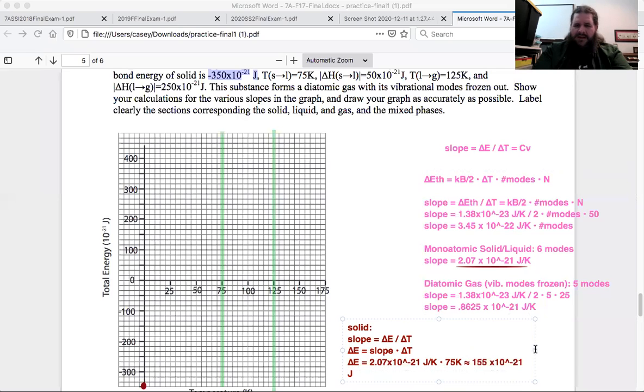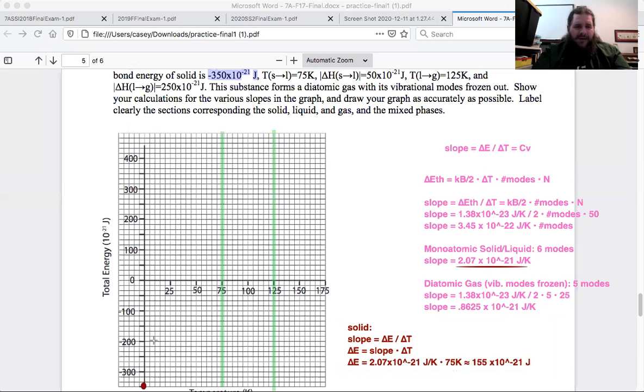But it's all going to be in times 10 to the negative 21 joules anyway. So from negative 350, we add 155, and that puts us at negative 205, I think. Negative 350 plus 155, negative 195. So that means our next waypoint here is at 75 Kelvin and negative 195.